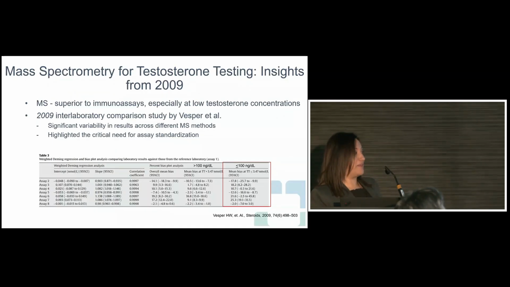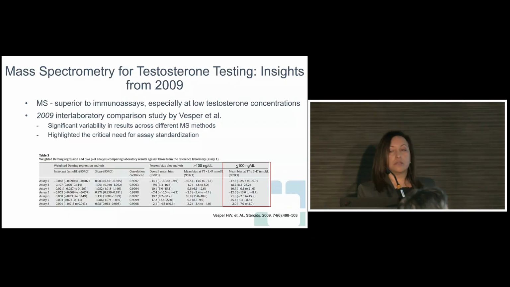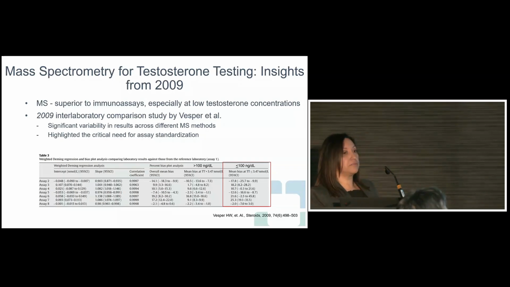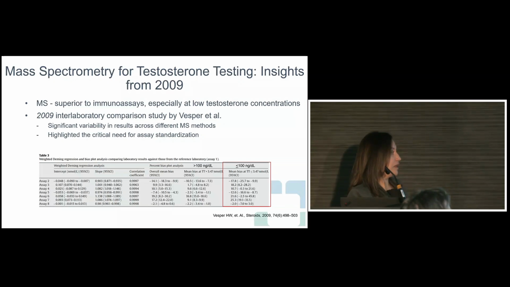What about mass spec assays? Going back to over a decade ago, we recognized the superiority of mass spec, especially for sensitivity and to measure at very low concentrations. But inter-laboratory comparison studies demonstrated that even using mass spec, depending on the calibration that you use, the method, the sample preparation, and so on, you would see biases relative to a method in this case.